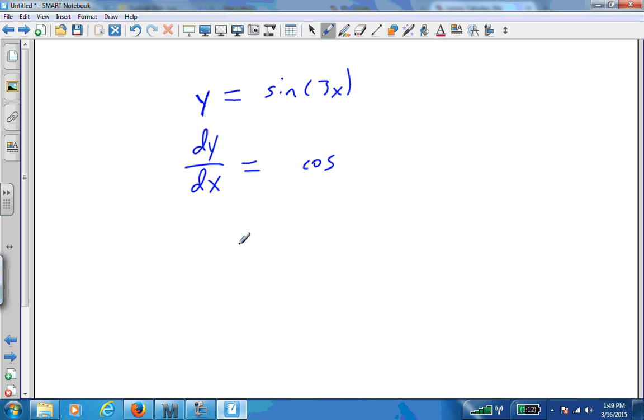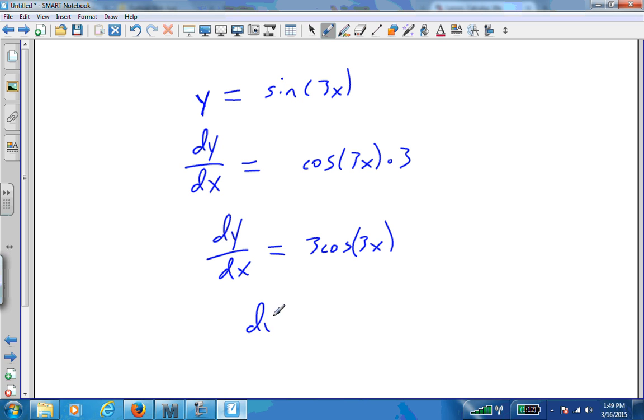The derivative of sine is cosine times the derivative of the inside. So dy over dx is 3 cosine of 3x. So if we want dy, multiply through by dx, dy is 3 cosine 3x dx. If you know what x is and what dx is, we can find dy.